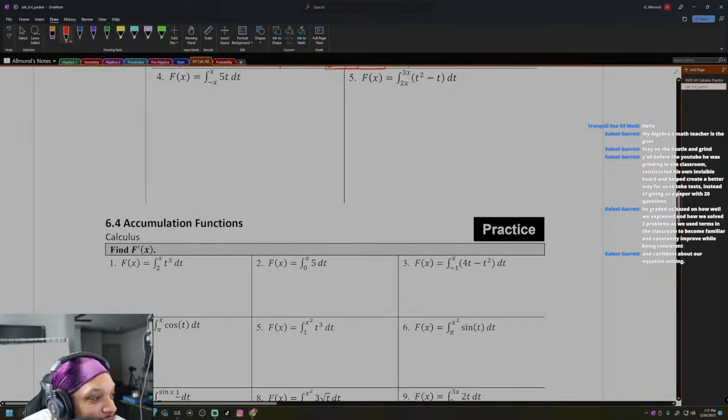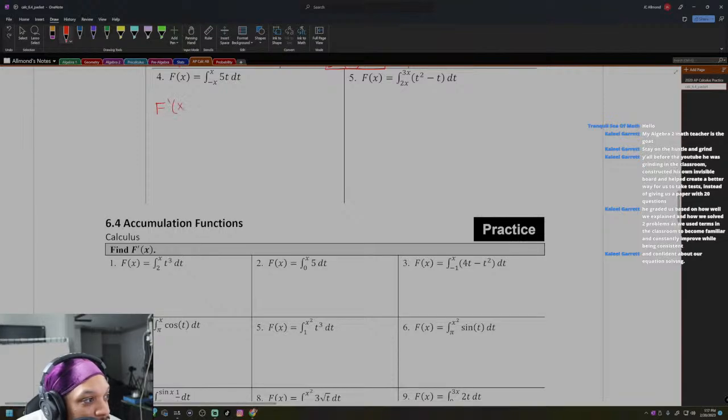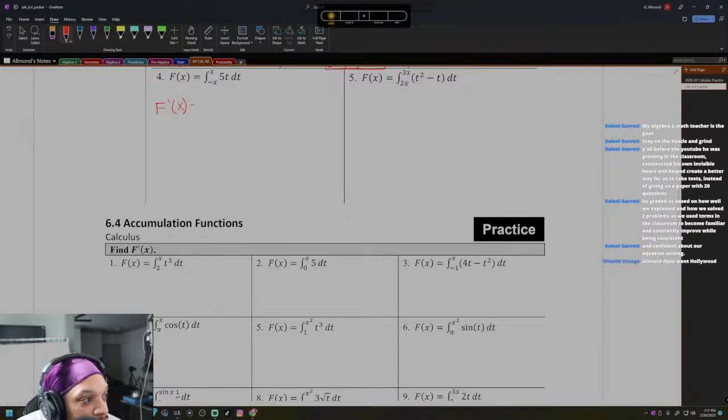Well, number 4, if you're taking capital F prime of x, it's just the function itself. So 5t, but we're replacing t with x. So 5x times 1. Minus, so basically plus.